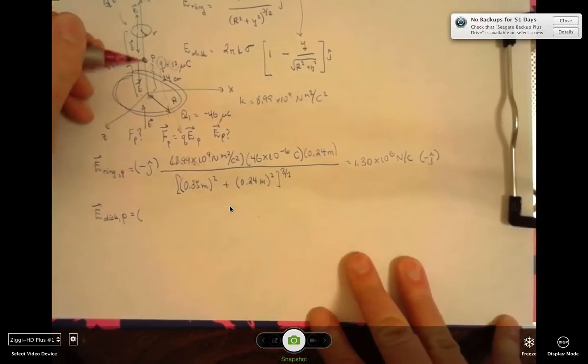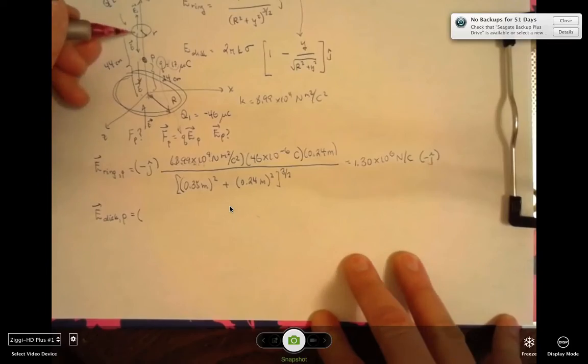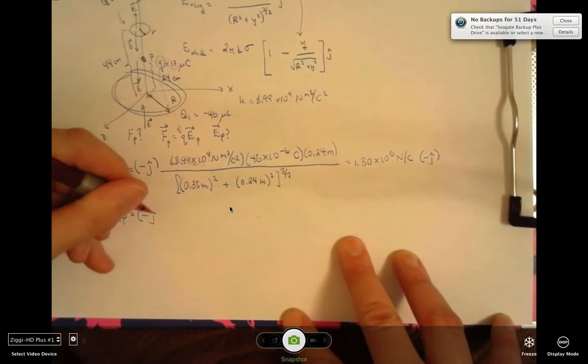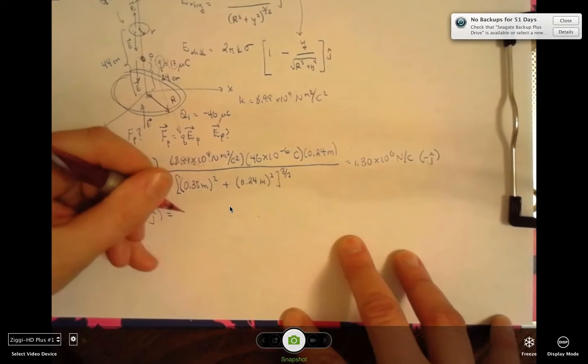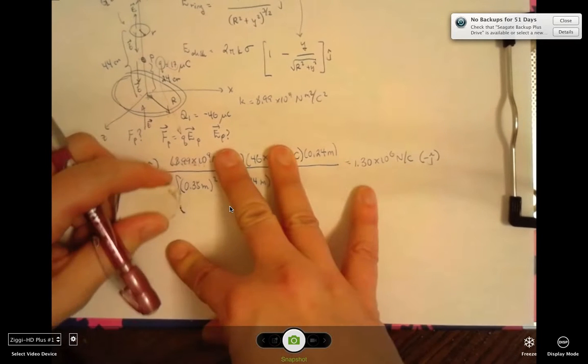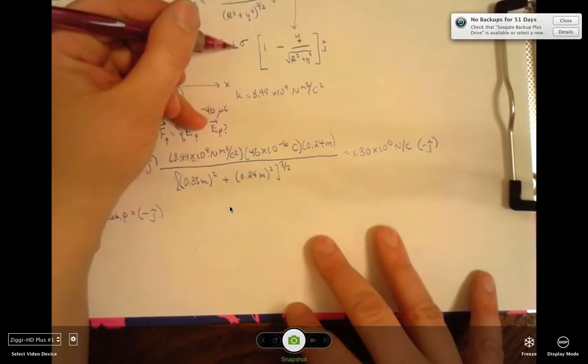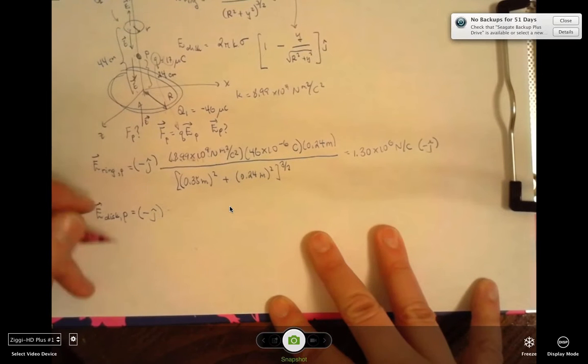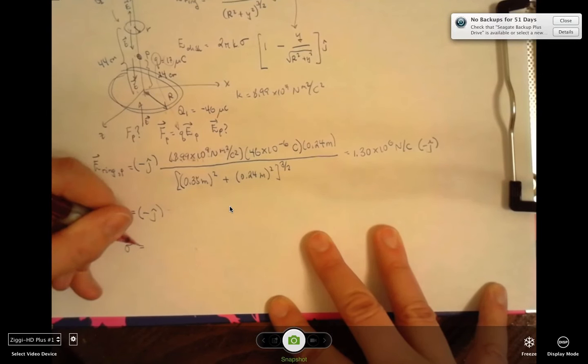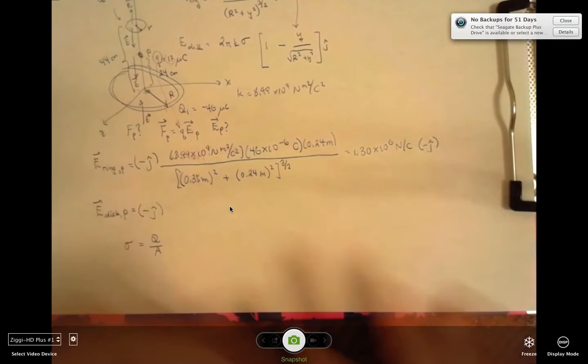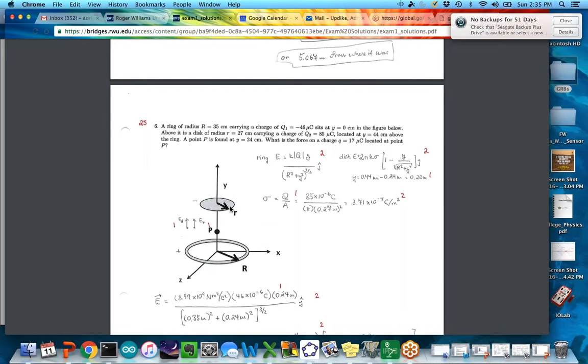At P, the E field due to the disk is pointing away from the positively charged disk. It is also in the minus J direction. And then that equals the equation for the disk, which is up here. Before we do this, let's figure out that sigma value. Now remember, sigma is charge over area, and the radius of the disk is 27 centimeters.